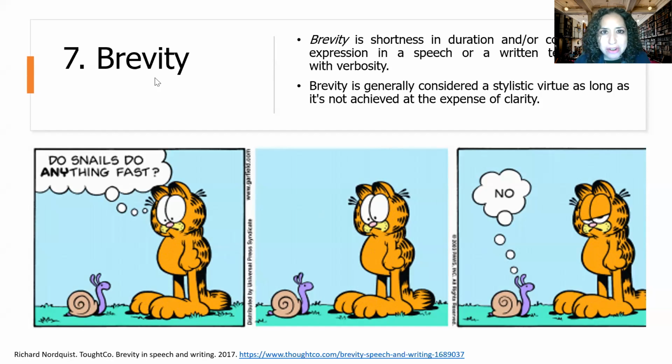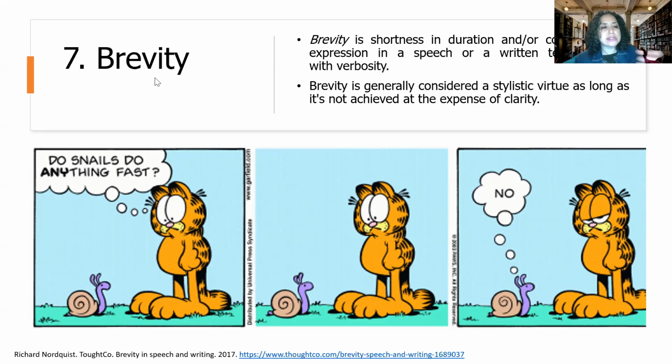Speaking too much around gets confusion to your audience. So you want to keep it with brevity. Brevity is generally considered a stylistic virtue as long as it's not achieved at the expense of clarity. So you need to be clear, but also with brevity.